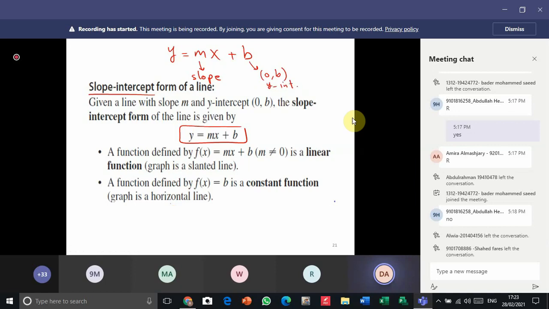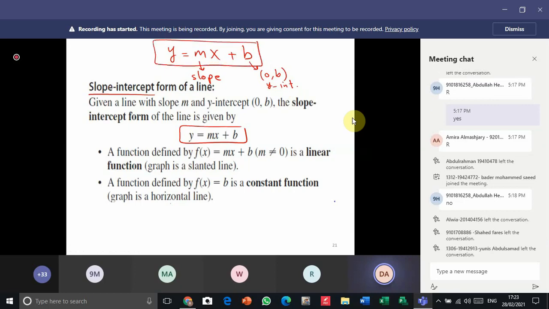This is called slope-intercept form, because we can obtain the slope and the y-intercept from this form. Okay, y must be on the left-hand side with coefficient 1.